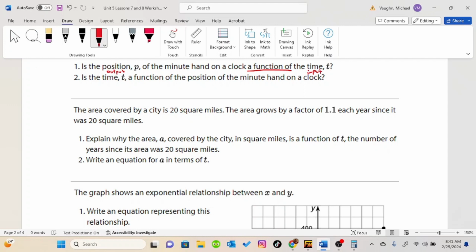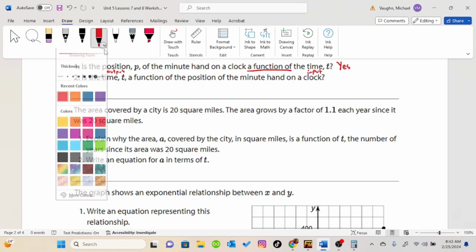So, if I have a specific time, how many positions of the minute hand can there be? Only one. So, yes, the position of the minute hand on a clock is a function of the time because for any given time, the position of the minute hand can only be in one place.